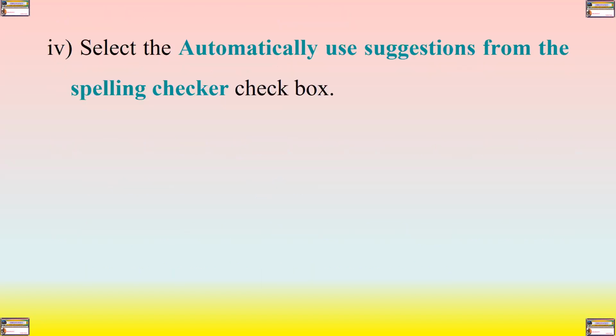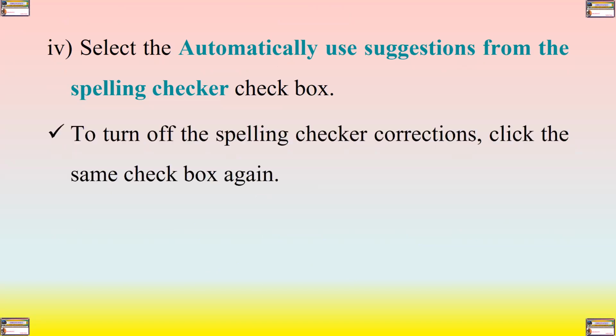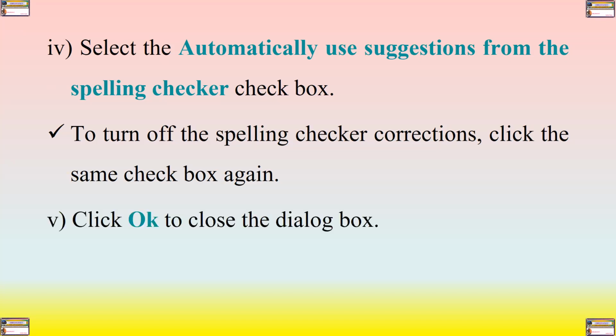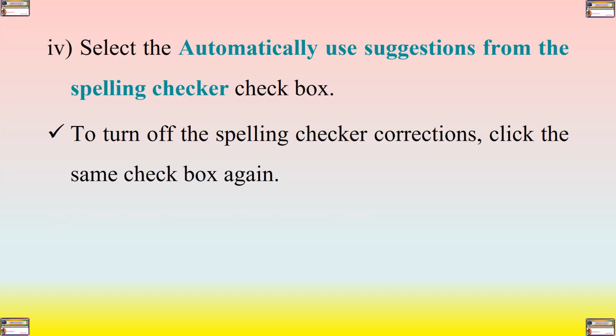Then you select the automatically use suggestions from the spelling checker checkbox. If you wanted to turn off the spelling checker corrections, you click the same checkbox again. And then lastly, you click on OK to close the dialog box.